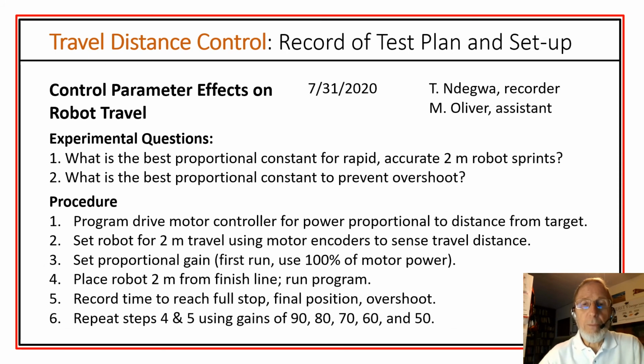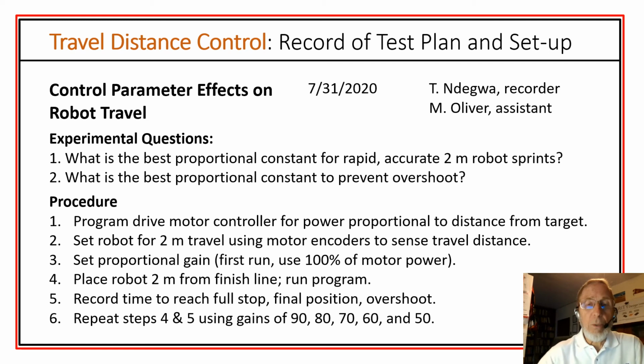First of all, program the controller, where we control the power to the drive wheels. And we're setting it so that we can go a certain distance, and the power is going to be reduced as we approach the target. So we're using a proportional control here to reduce the power as we approach the target.